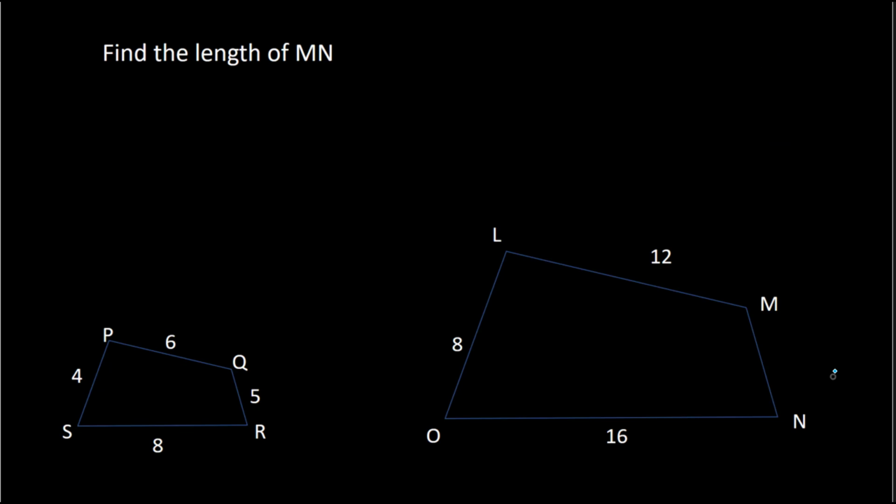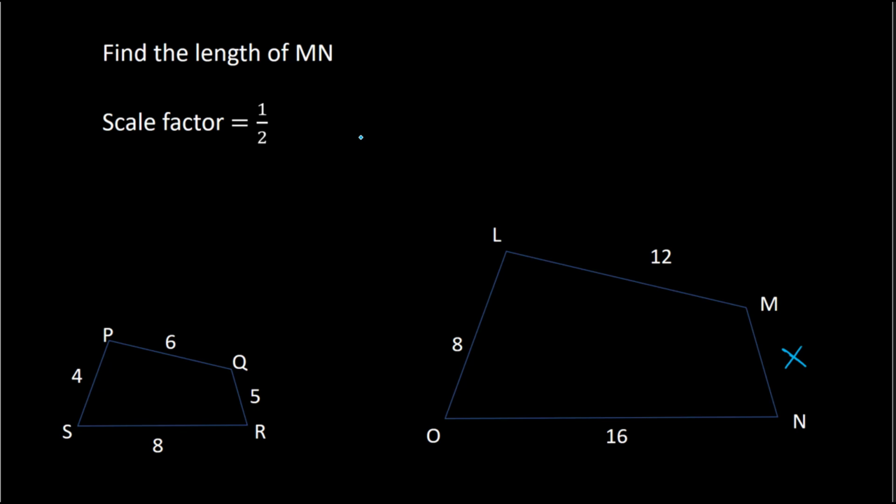So what the scale factor does for me is, one, it confirms that we do have similar shapes, but then two, if we do have similar shapes and we have the scale factor, we can use the scale factor to calculate a missing side length. So we said the scale factor is 1 to 2, or 1 over 2, and if we're trying to find this length over here of MN, I can use the scale factor.